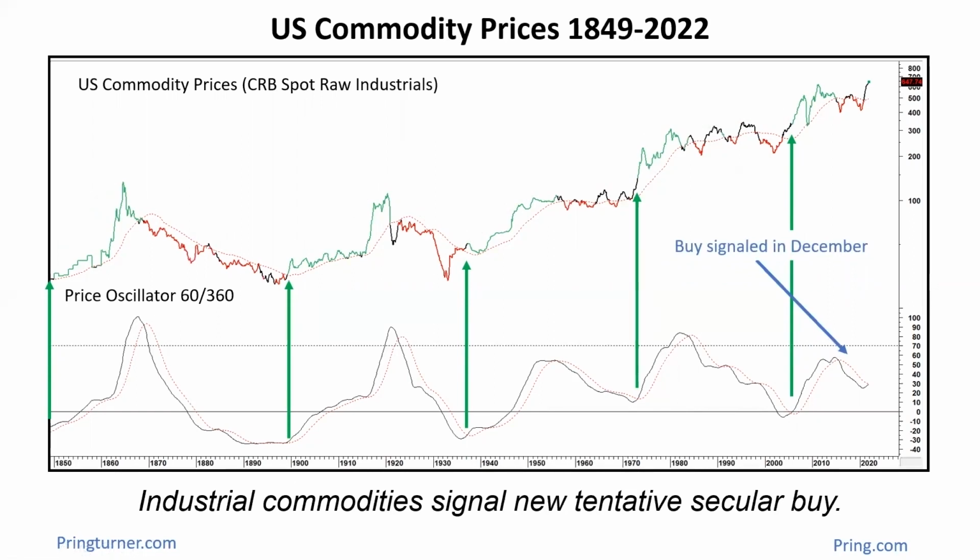Now, one of the things we'll be looking at later on is some of the primary trend indicators of commodities, and they're looking like things are overextended and commodities are coming down. That might seem inconsistent, having a buy signal on the oscillator and on the long-term oscillator, and a sell signal on the primary.